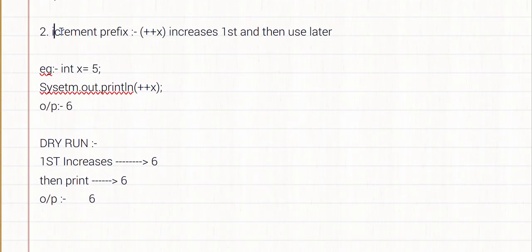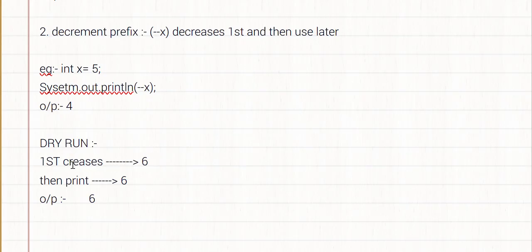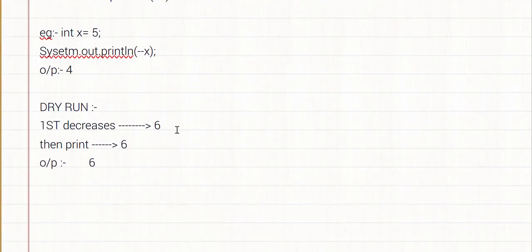Here also, decrement prefix means first decreases and then uses later. x equals 5, first it decreases, then the output will be 4. First decrease, 5 minus 1 is 4, then print 4.